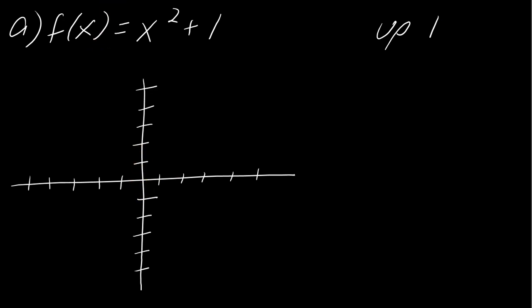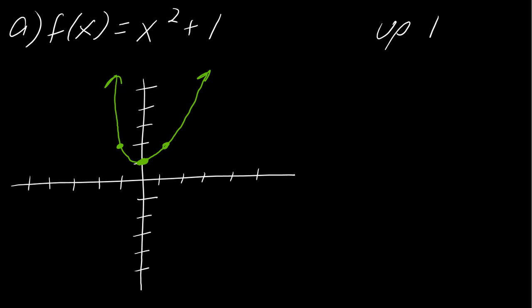So there's my starting point, now moved up 1. Once you have that starting point, the next portion relies on your understanding of the graph. If this is where I'm starting, then to get to the other 2 points, I go out 1 and up 1 in each direction. And I also talked about in that video that this forms a U shape. There you go. It's putting everything together now.